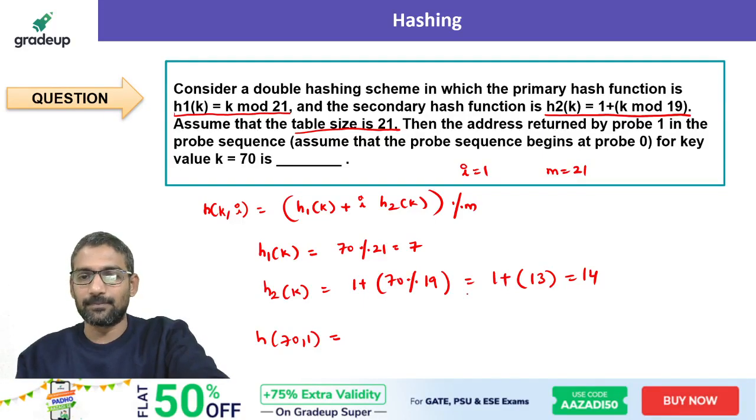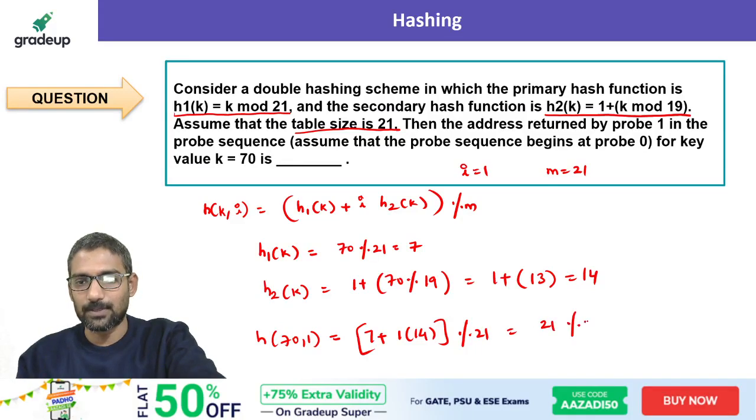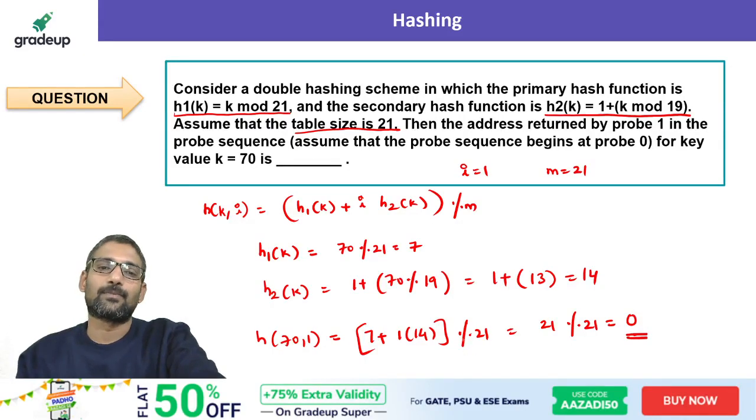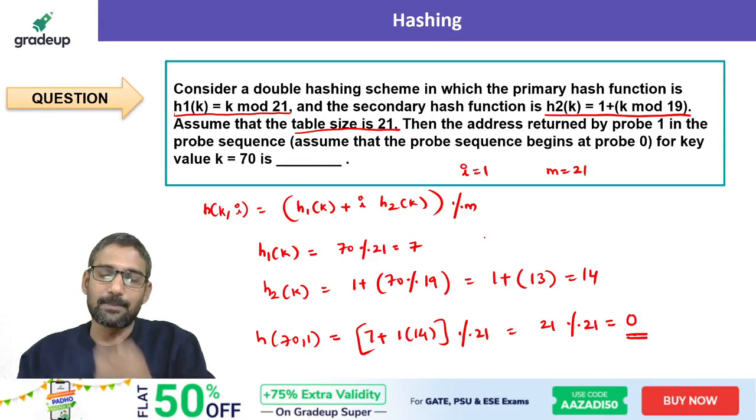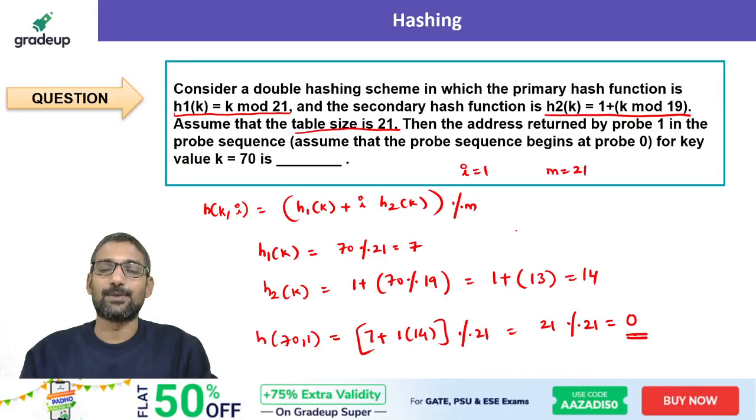So now 7 plus i into 14, modulus 21. So this would be 21 modulus 21, that is equal to 0. So what is the address returned by probe 1? 0. Hence the answer is 0.